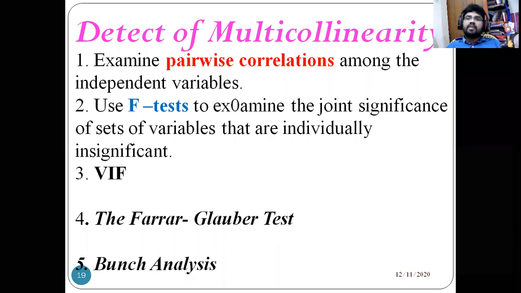You need to understand the pairwise test, F test, VIF, Farrar-Glauber test, and Bunch test. Generally they will also ask you to match the following: on one side they will give multicollinearity, and on the other side the VIF and Farrar-Glauber test. So you need to match it.